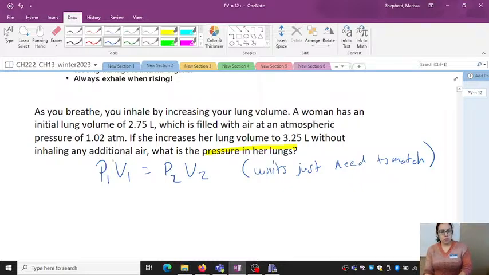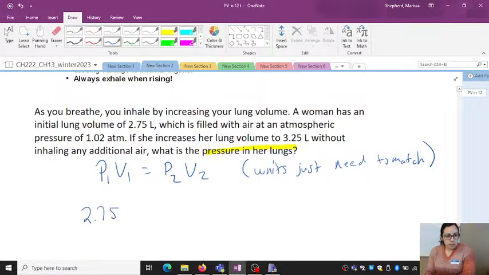So those units would cancel. Same thing with the pressure. They gave it to us in atm, so you might as well leave it in atm. But if it was in torr or PSI or anything else, as long as the units were the same, it doesn't matter too much.